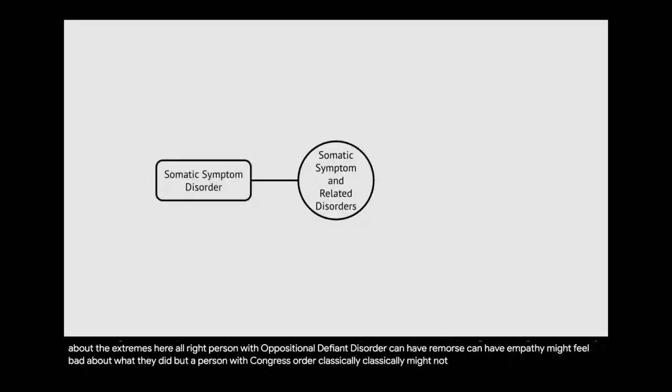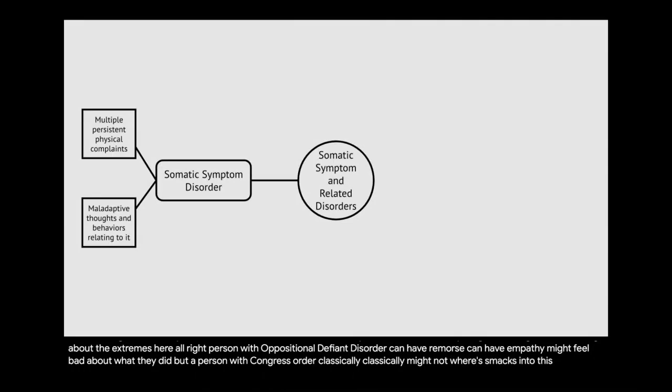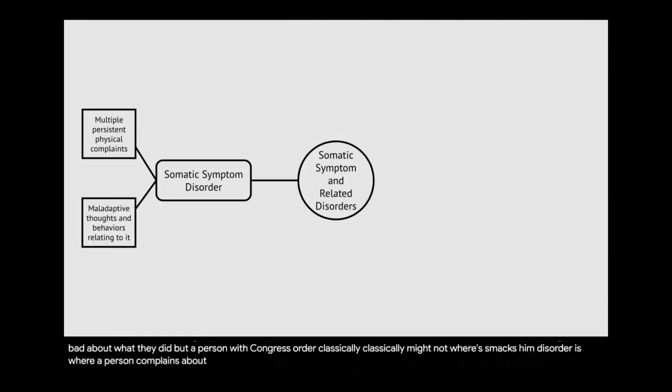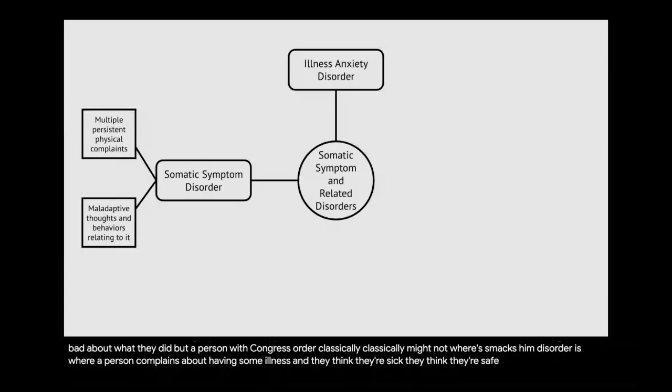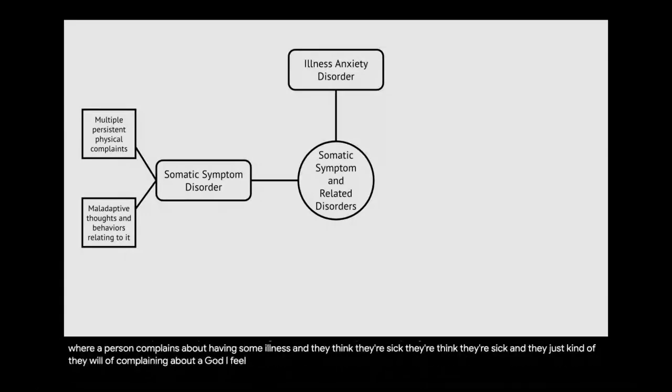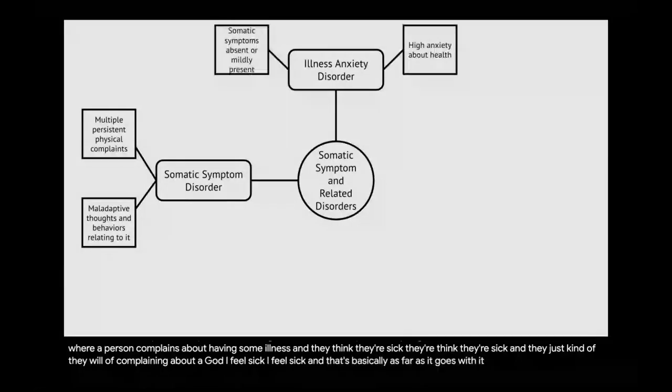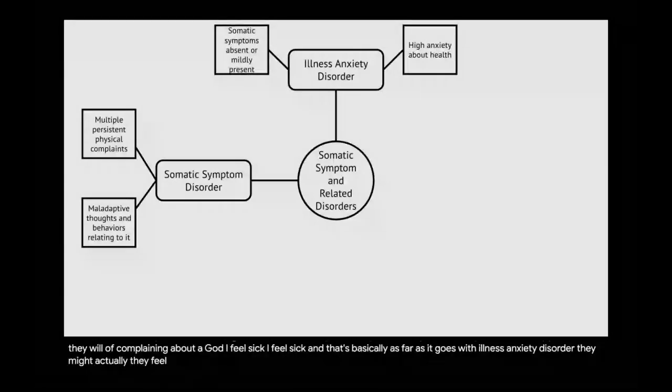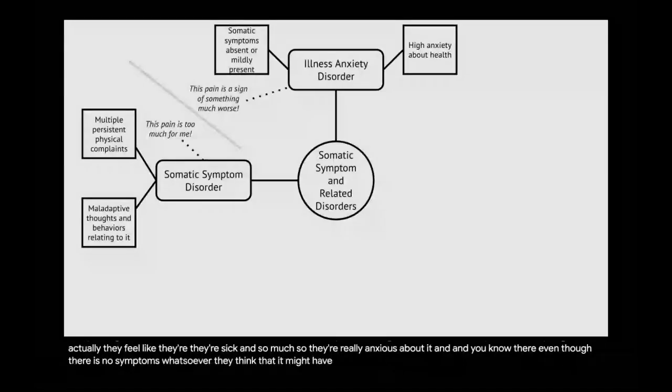Somatic symptom and related disorders. Somatic symptom disorder is where a person complains about having some illness, and they think they're sick, and they do a lot of complaining about it. Like, oh, I feel sick, and that's basically as far as it goes. With illness anxiety disorder, they feel like they're sick, so much so they're really anxious about it, even though there are no symptoms whatsoever, they think that they might have the worst possible illness.